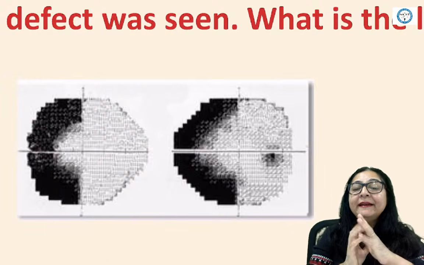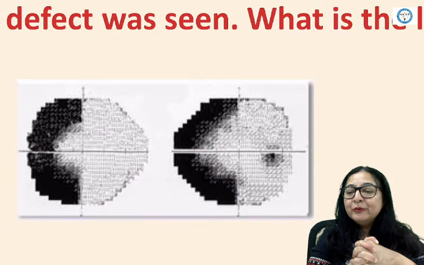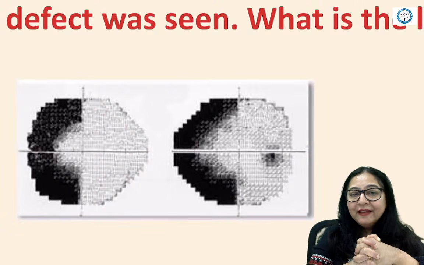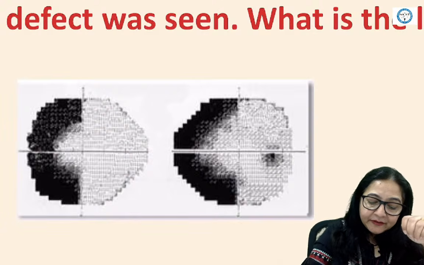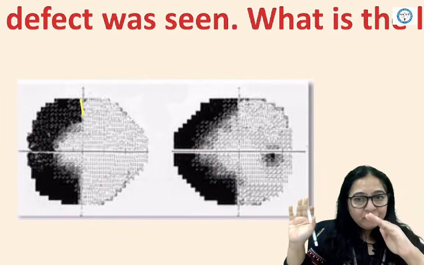So first of all, identify the field defect, children. What is the field defect as per you? This is the name of the field defect. This is homonymous hemianopia, right? Agree with me? Homonymous hemianopia, because in this case, the left half of the visual field is gone.